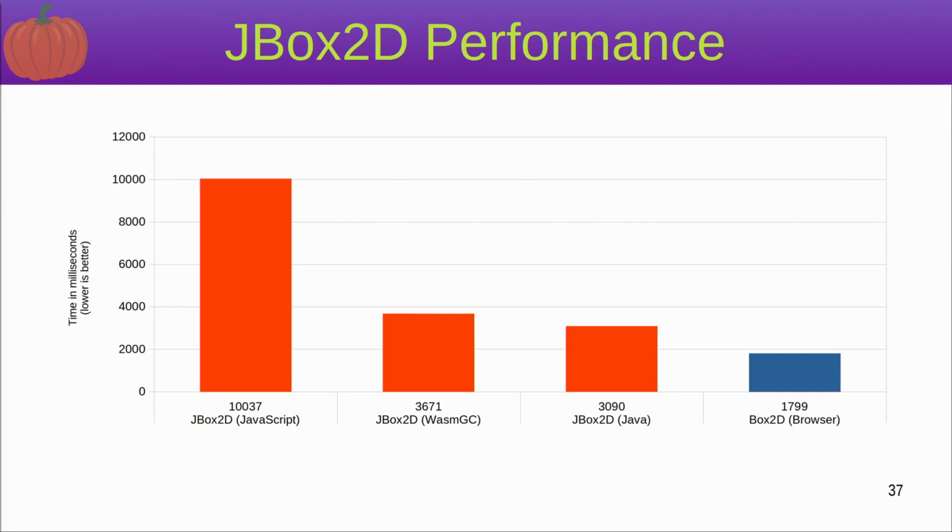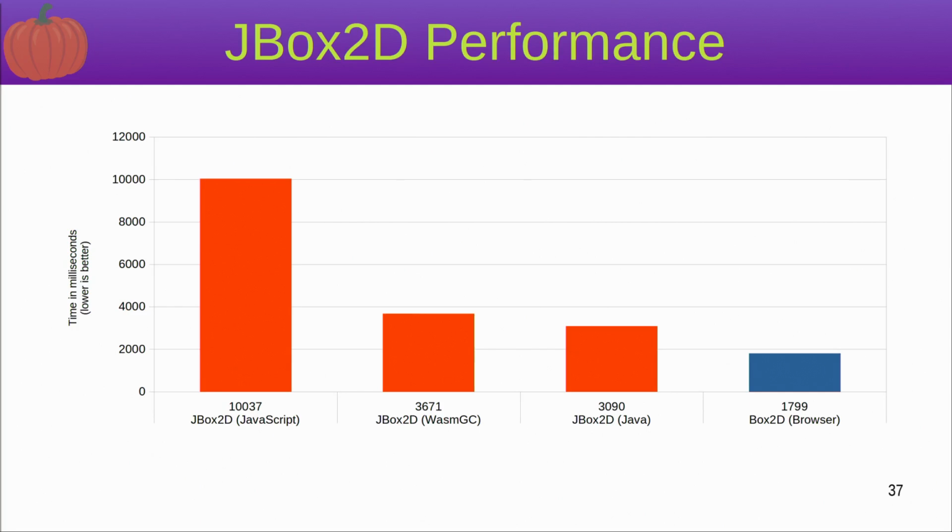So to give you an idea of the performance, this is that Box2D benchmark again running on Java. And I used J2CL to compile it to JavaScript. And you can see that Java is faster than JavaScript. We sort of all knew that. So obviously, if you're running JavaScript code, you want something faster than JavaScript.